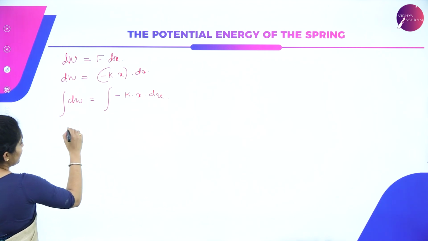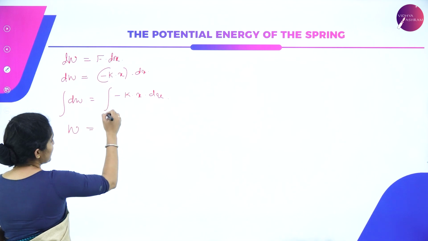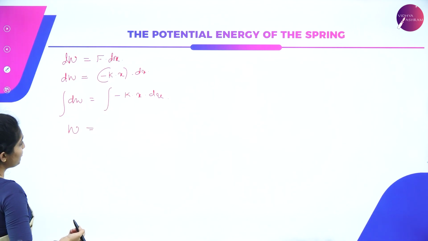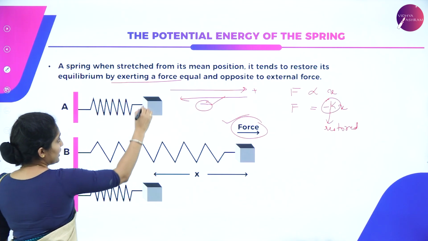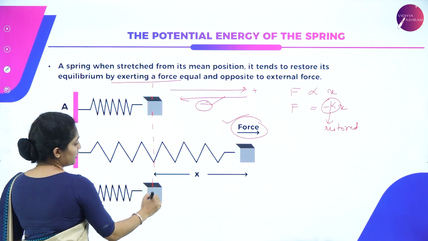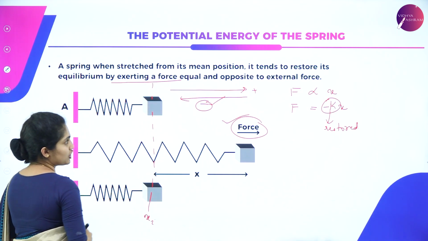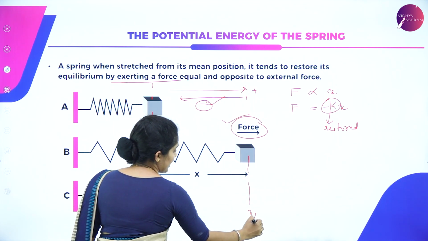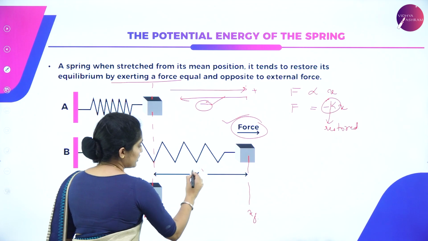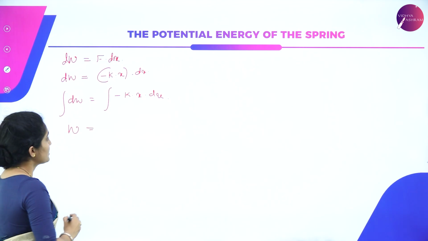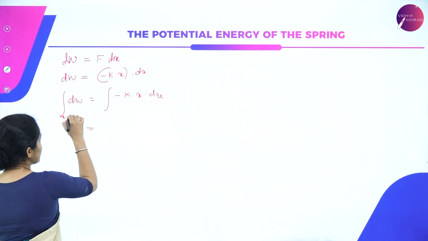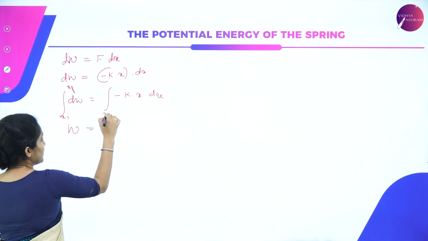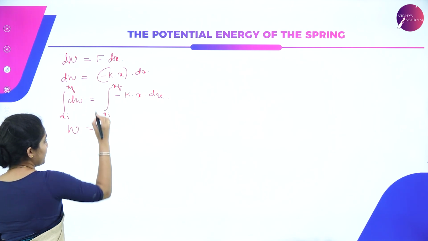So we have W equal to the integration from where to where? From the initial condition, xi, to the final condition, xf, that is, initial displacement to final displacement.